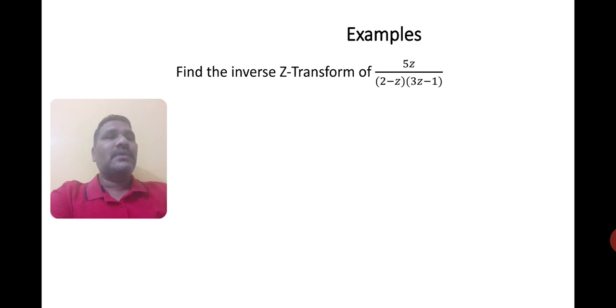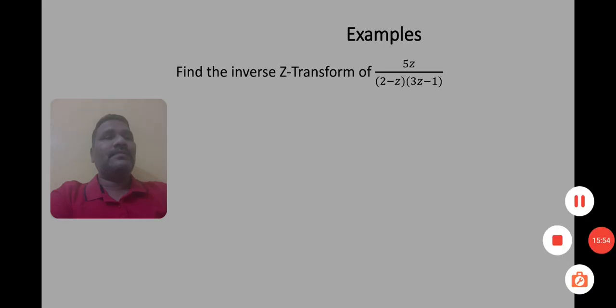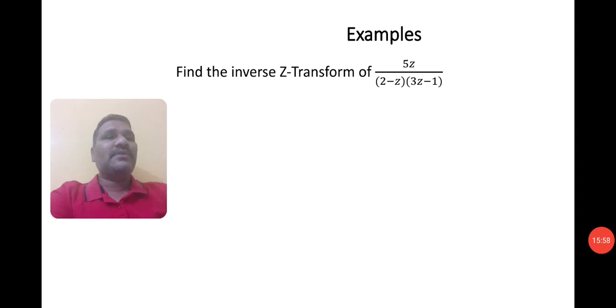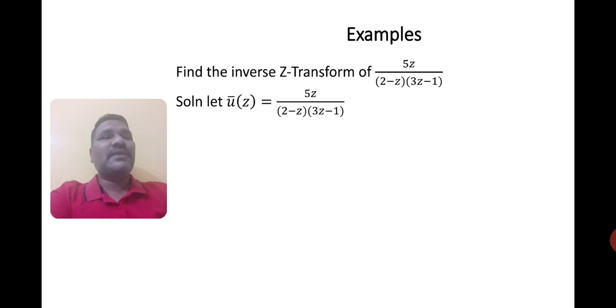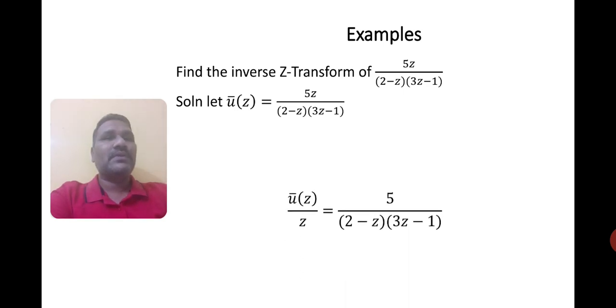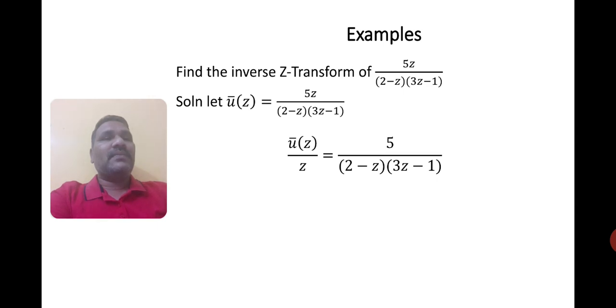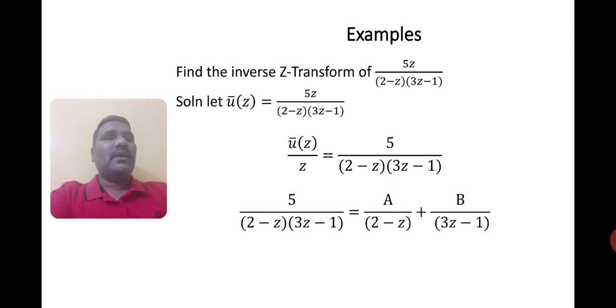Similarly, for this one, let me try to do 5z divided by (2 minus z)(3z minus 1). Here, if you rewrite, U bar of z is equal to 5z divided by (z minus 2)(3z minus 1). U bar of z divided by z is equal to 5 divided by (2 minus z)(3z minus 1), which is A divided by 2 minus z plus B divided by 3z minus 1.